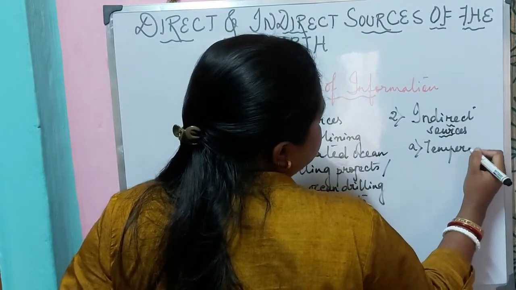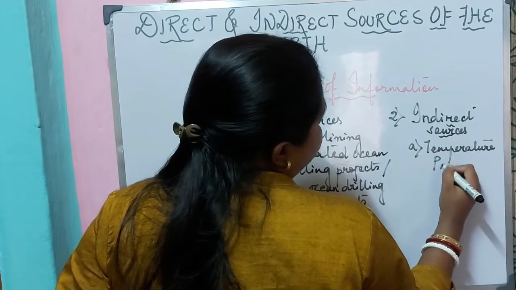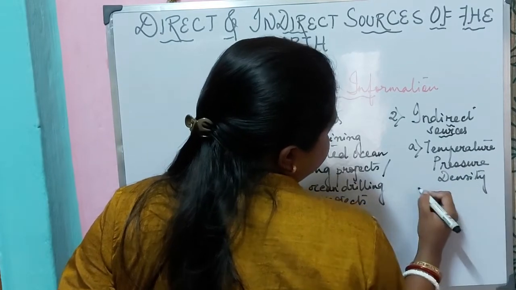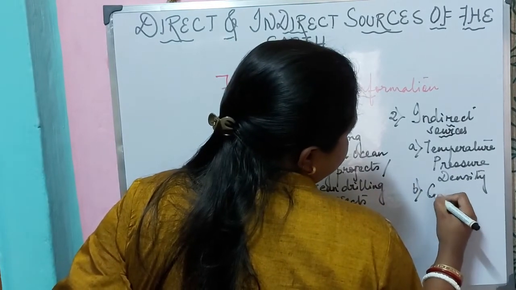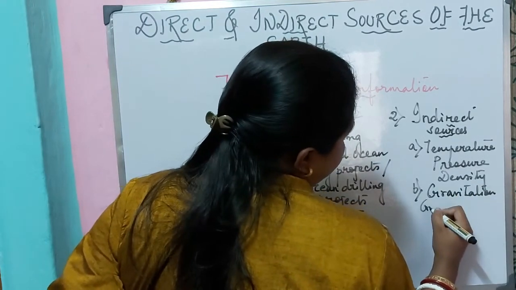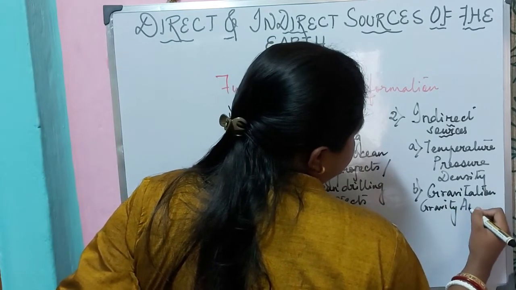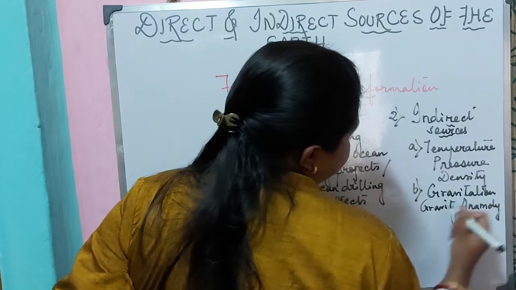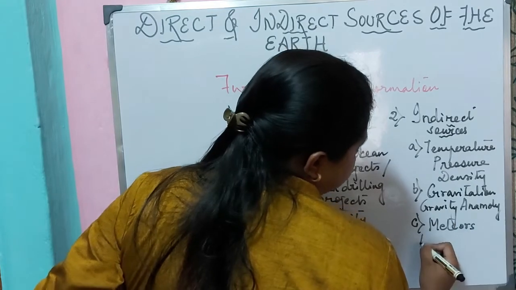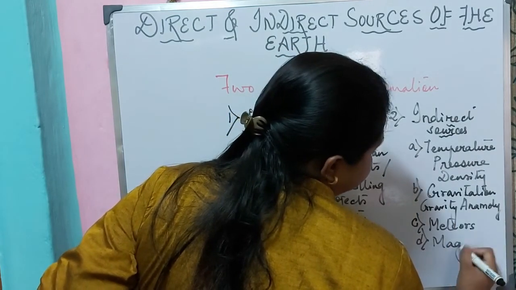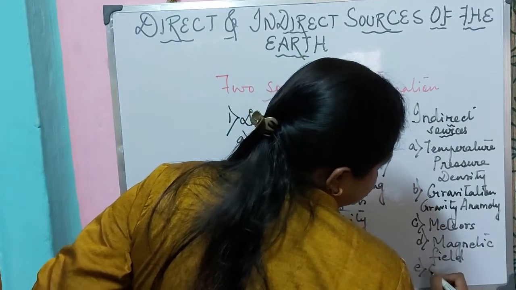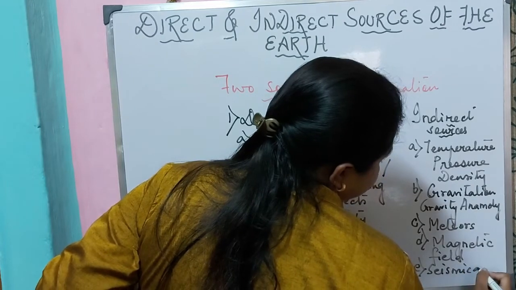Temperature, pressure, density, gravitation or gravity anomaly, the meteors, magnetic field, and the seismic activities.